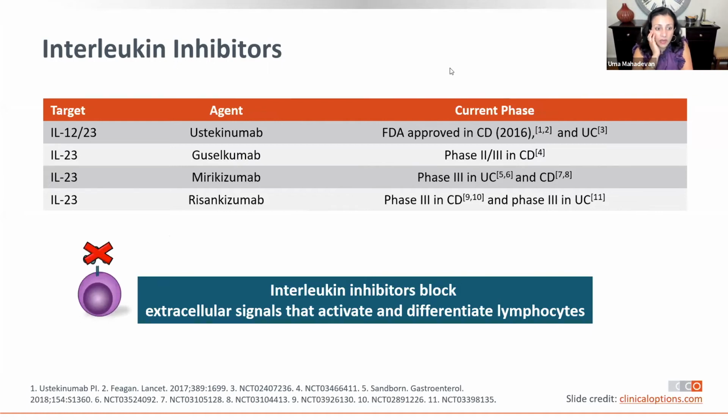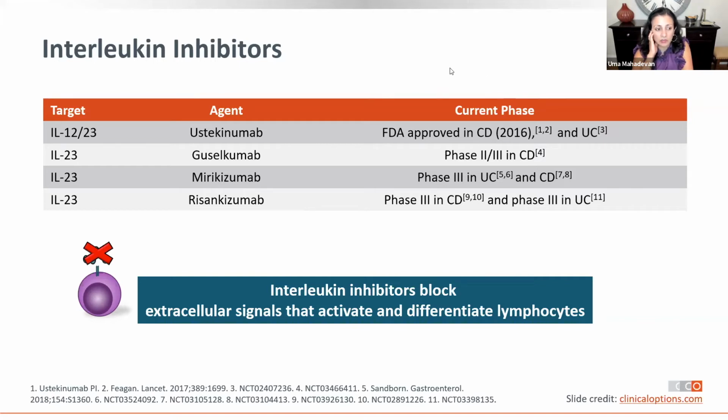We know about ustekinumab, which is an antibody to the P40 subunit of IL-12 and IL-23, but there are pure IL-23 agents to the P19 subunit, and guselkumab and risankizumab are already available commercially for psoriasis and actually work better for psoriasis than ustekinumab if you just look at the pure efficacy numbers in the trials.